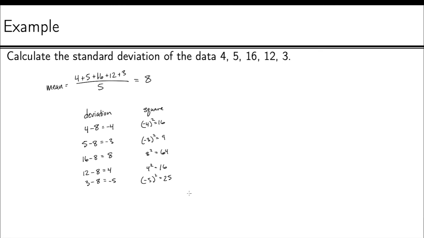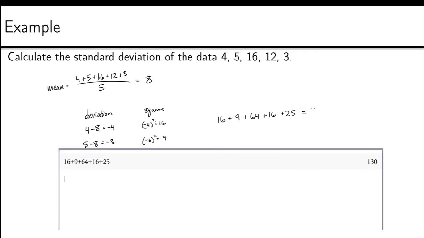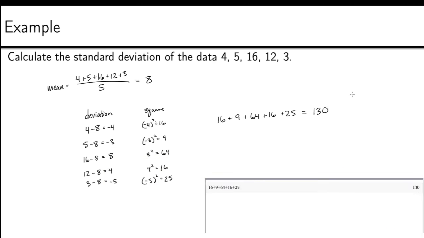So we get our squared deviations, and then we add those all together: 16 plus 9 plus 64 plus 16 plus 25. We get 130.